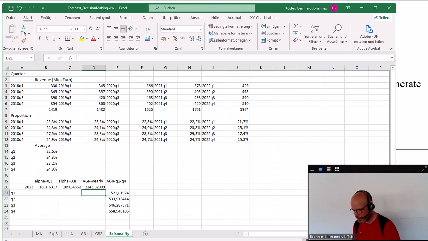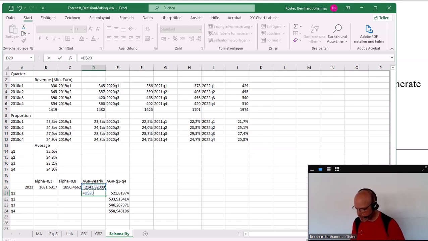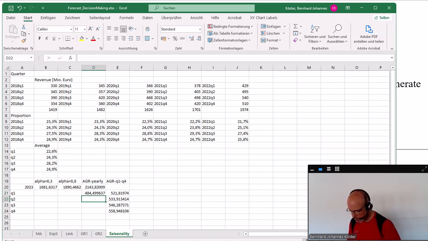And now we will calculate this number. Since I want to copy this, it is then fixing the number times 2.26. And this should work. This is okay.